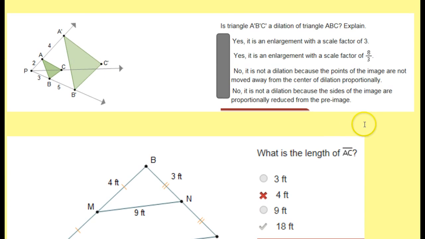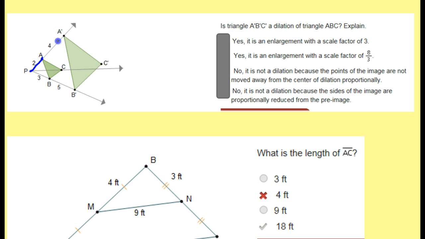Alright, moving on. In triangle A'B'C', is triangle A'B'C' a dilation of ABC? Explain. If you look at the distance from the center of dilation, P, out to A, the pre-image A, that original distance is 2.